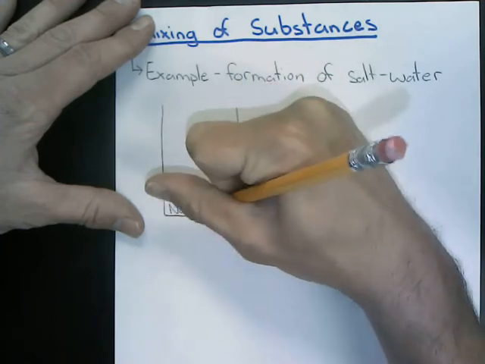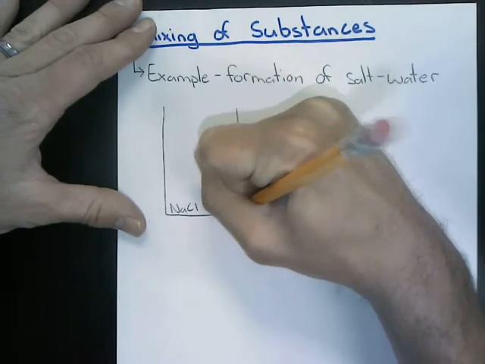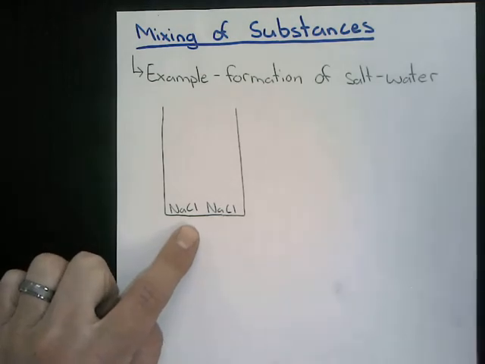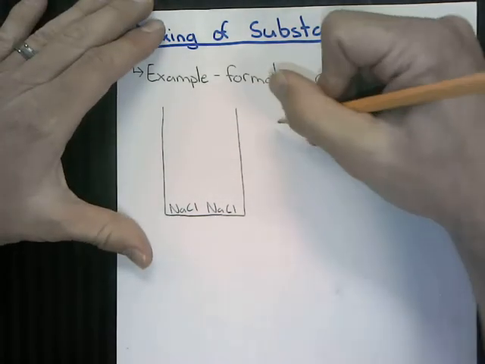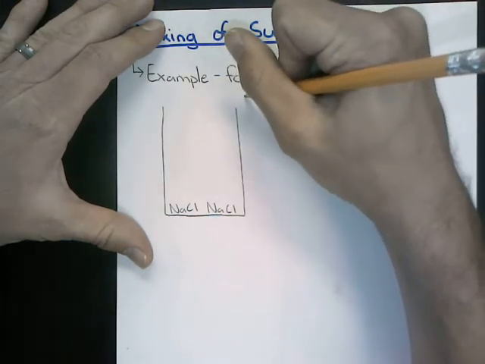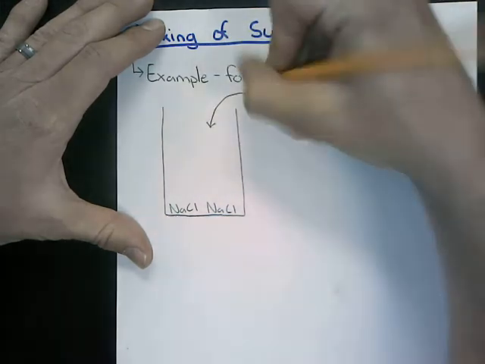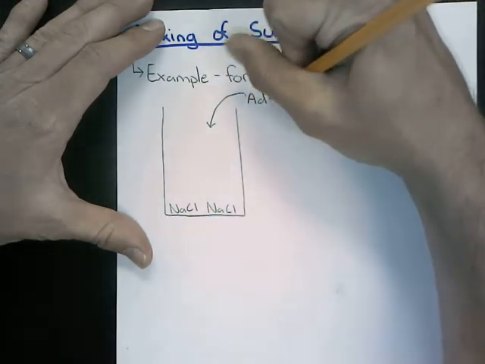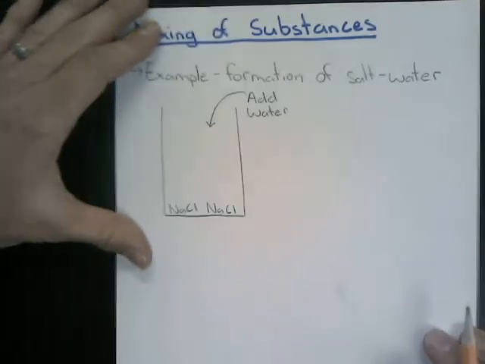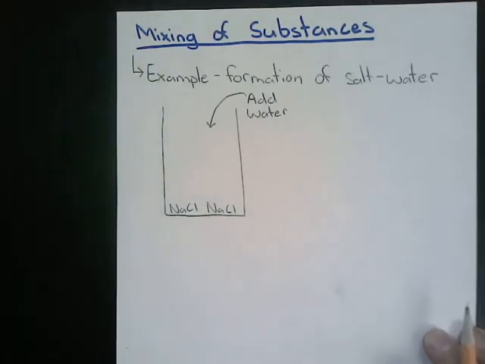I'm just going to draw it as the chemical formula NaCl. That's our salt. Then we added water, and I'm going to draw this by adding an arrow. We added water into that beaker that contained the salt.